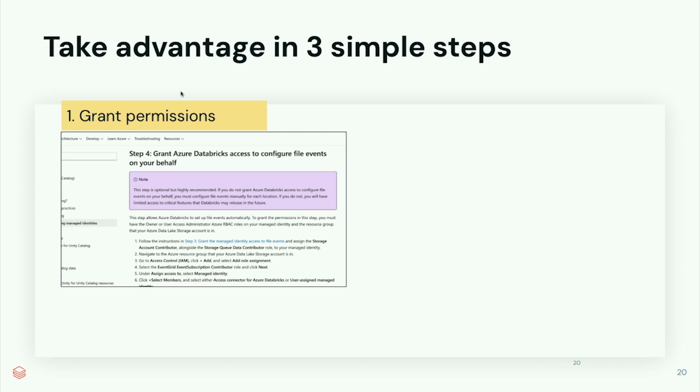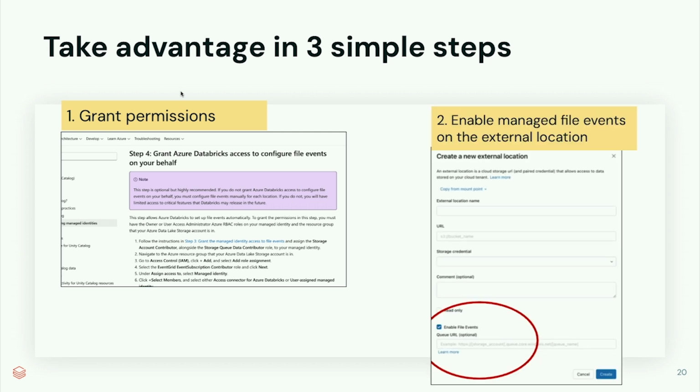An external location is a Unity Catalog managed object which wraps your cloud storage with the security credentials. Once the external location is created, you can enable the file events, and every time some data arrives in that external location, we get a notification about that data arrival.